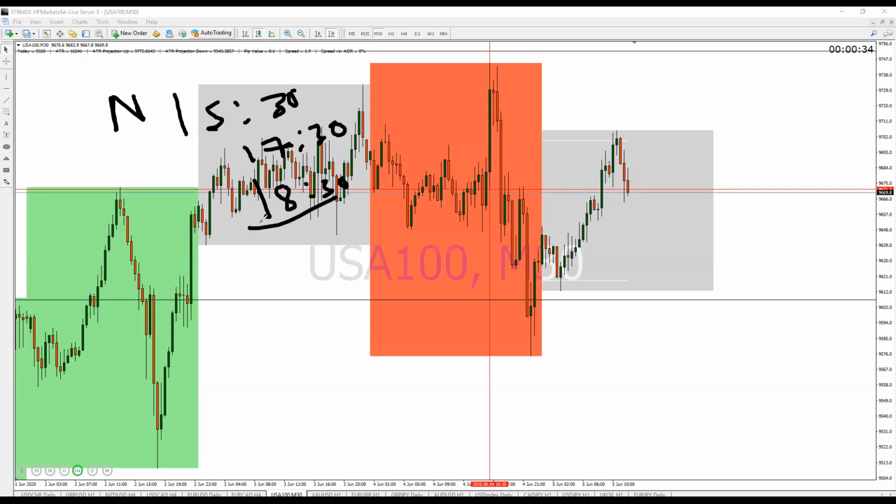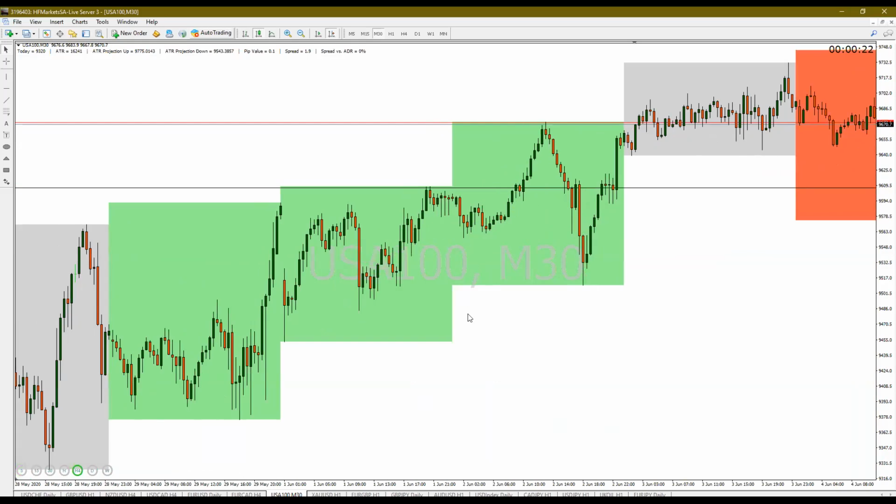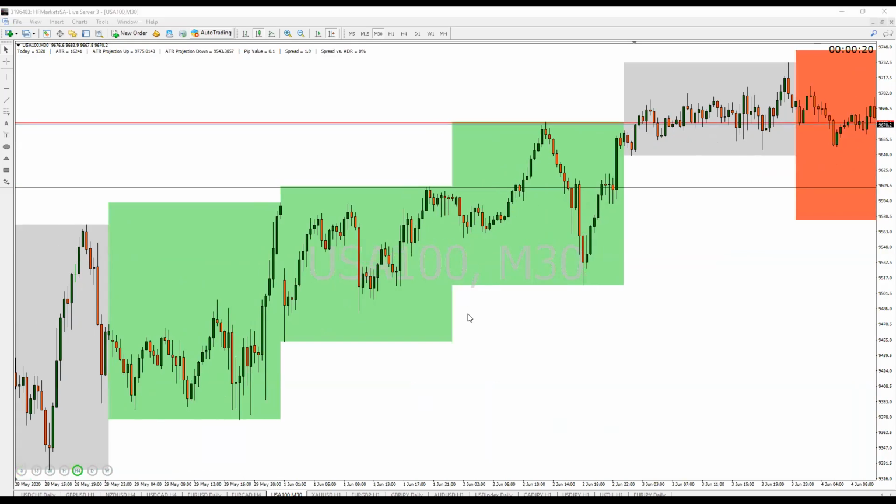Just make sure that you are getting that sort of a move to the upside. That's basically the same thing I can show you with other setups that took place. The idea is for you to wait for the previous daily high or daily low to be removed. You can see this one, that one took it out.